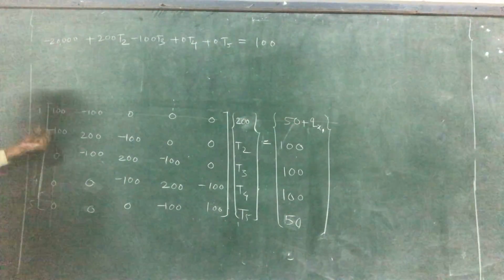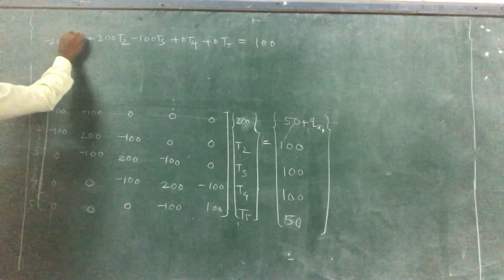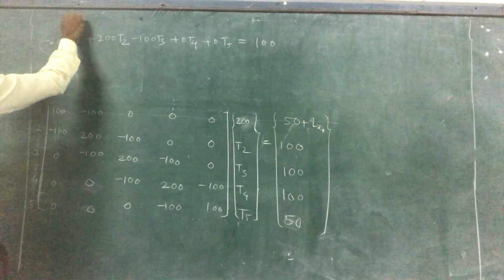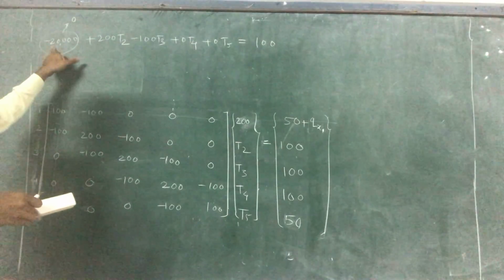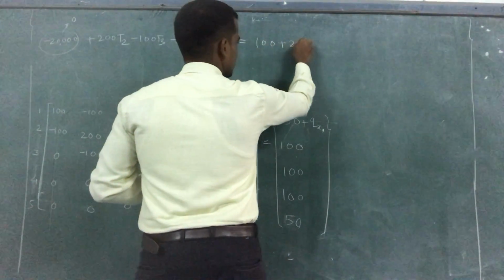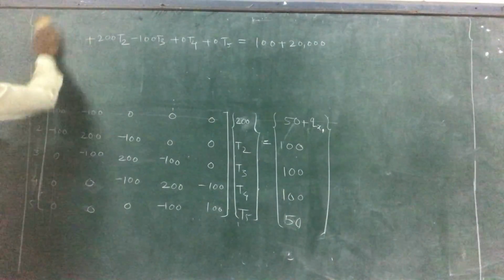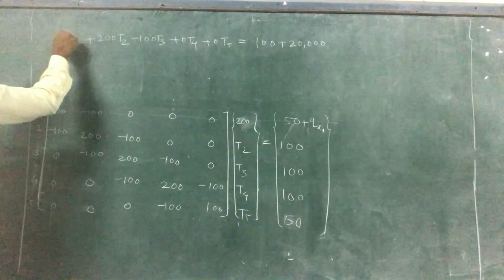So we need the 0 value here, and if we need this to equal 0, then we transfer this minus 20,000 to the RHS, so it becomes plus 20,000. And this becomes equal to 0 times T1.